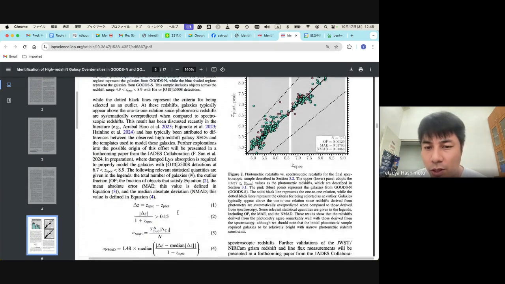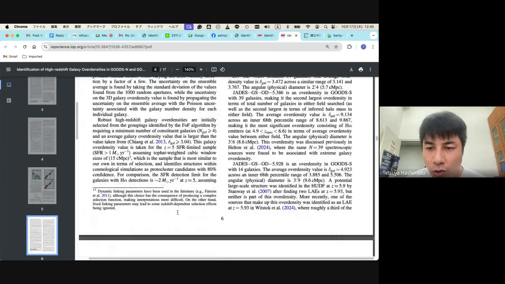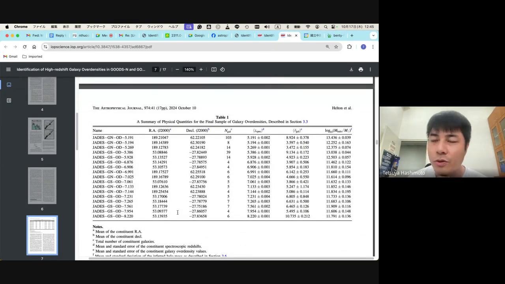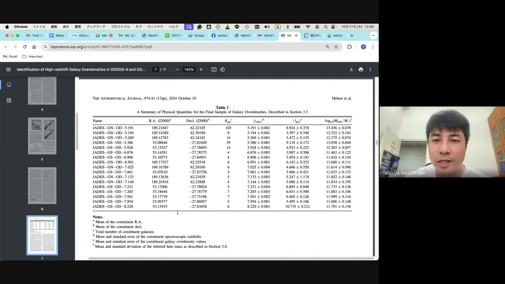Then based on this, they try to find overdensity regions, which they usually call proto-cluster candidates, I think. I'm sorry, I didn't read the details of how to identify the overdensity, but they identified these overdensity regions at very high redshift, ranging from 5 to 8.